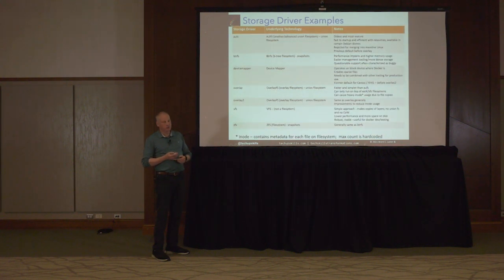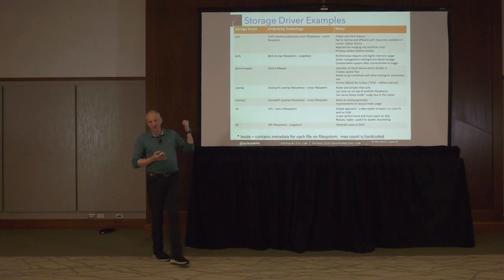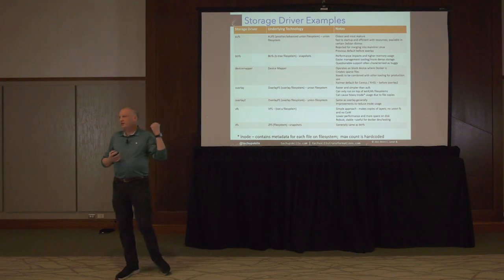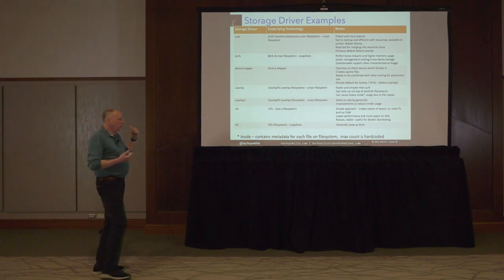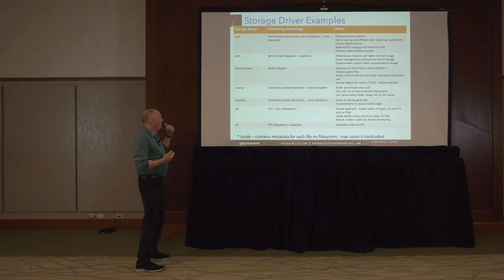Now, I promise I won't read you all the words on the slide, but these are all the different storage drivers that have been used in Docker over time to create images and containers. Some of these were used for a long time, like AUFS, Advanced Union File System. These are all operating system pieces that said we can combine things together and manage these images and containers.